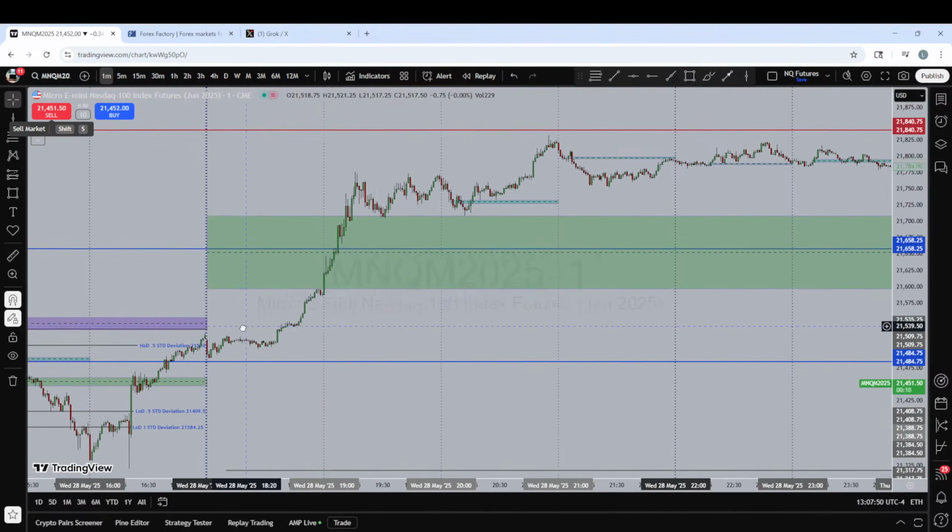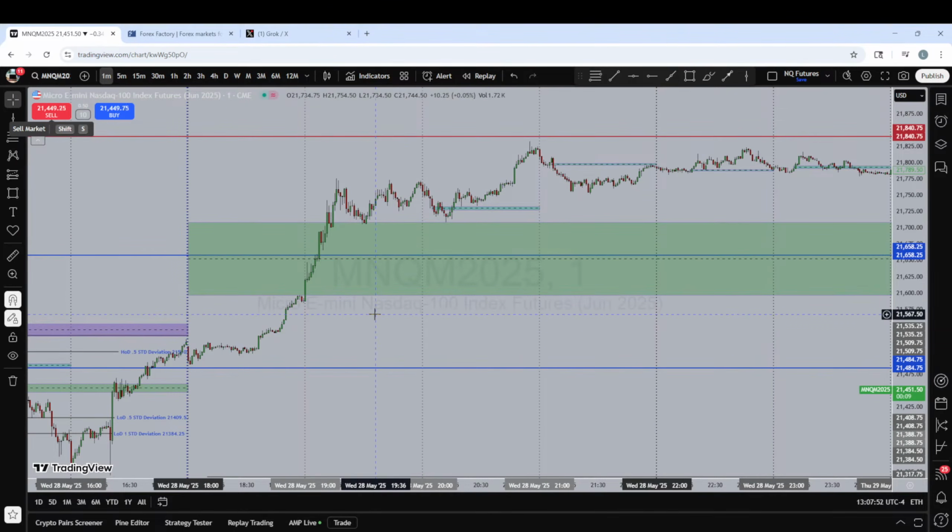Now, price opened at 6 p.m. New York time yesterday, the regular day opening. I'm not talking about the midnight New York opening, I'm talking about the regular day. And I said I was bullish. That was my stance. Price opened up, dropped a little bit. This blue line is the 0.5 standard deviation for the current week.